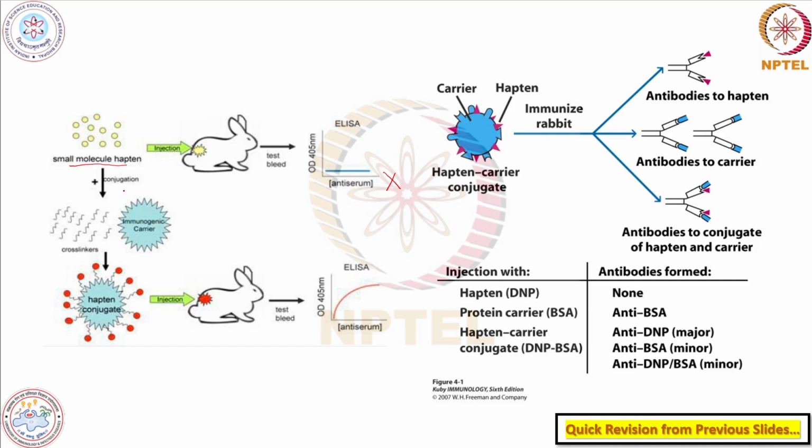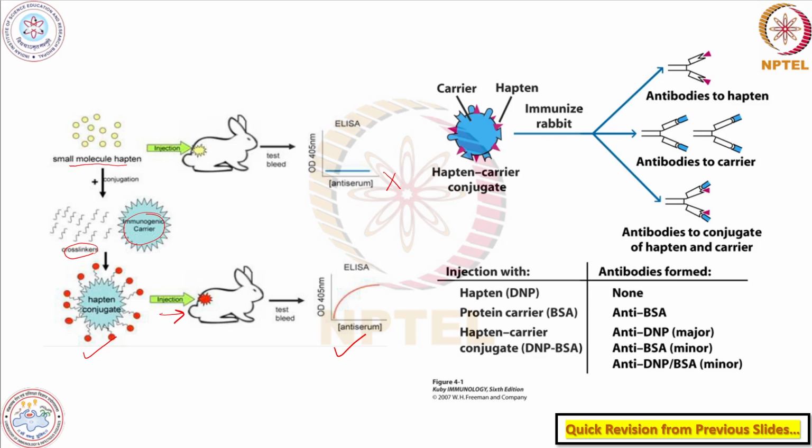But when the hapten was conjugated with the cross-linker and the immunogenic carrier, and this hapten conjugate was injected into the animal model, then there was an immune response. Antiserum was detected in the serum of this animal.